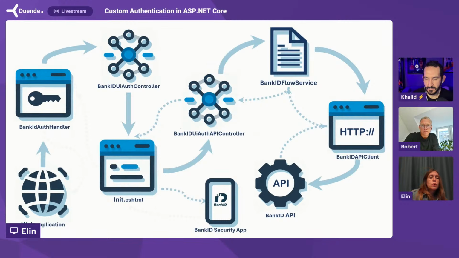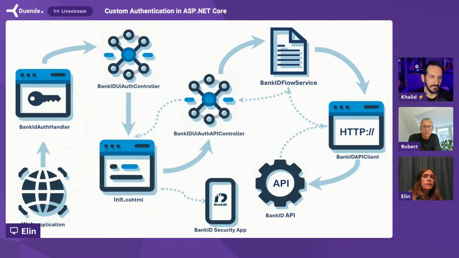At this point, the view also starts polling a status endpoint inside our API controller, and that will trigger a call all the way using the same flow to the BankID API to make a call to the collect endpoint and get the status for this identification. And every time we make a new call to the collect endpoint, our view is getting a new message returned from the API controller to display to the user on the screen.